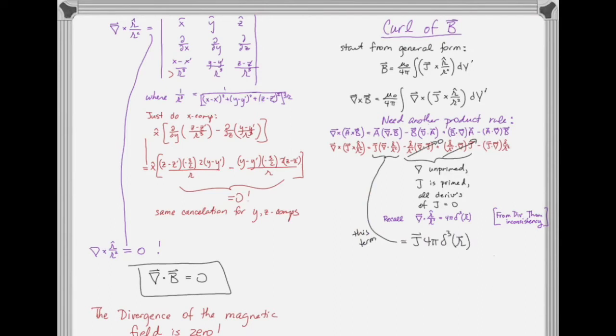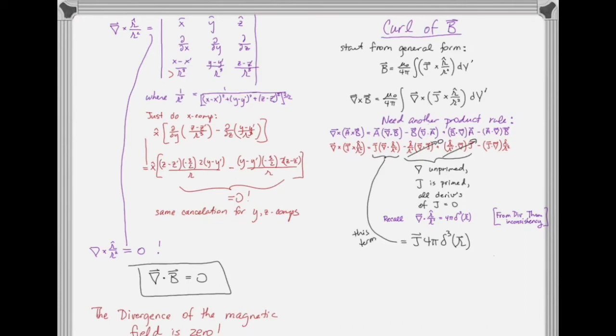So that first term right after the equal sign becomes J, our current density, times 4 pi times the three-dimensional Dirac delta function of script r vector. We worked that out in a couple of sections of chapter 1 that led into the Dirac delta function.